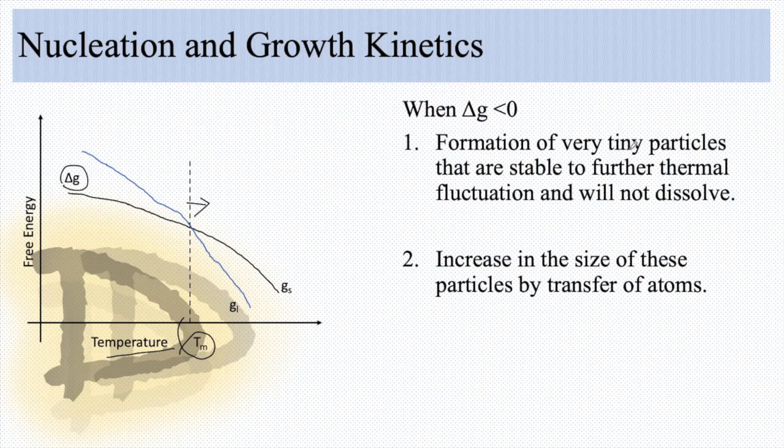Formation of very tiny particles that are stable to further thermal fluctuation and will not dissolve is called nucleation, and increase in the size of these particles by transfer of atoms is called growth. When del G is less than 0, it means Gs minus Gl is less than 0, that is Gs is less than Gl.